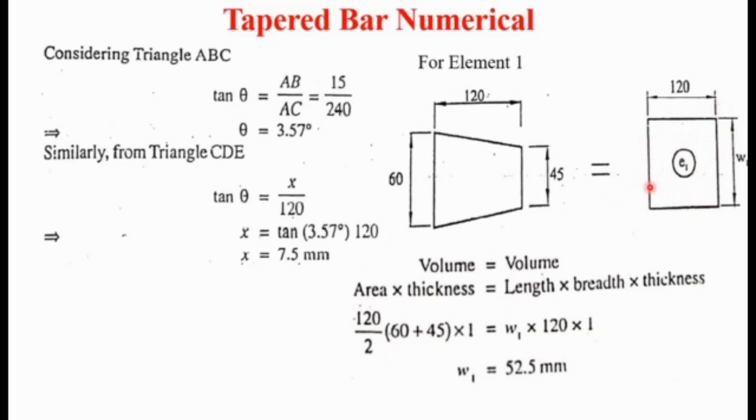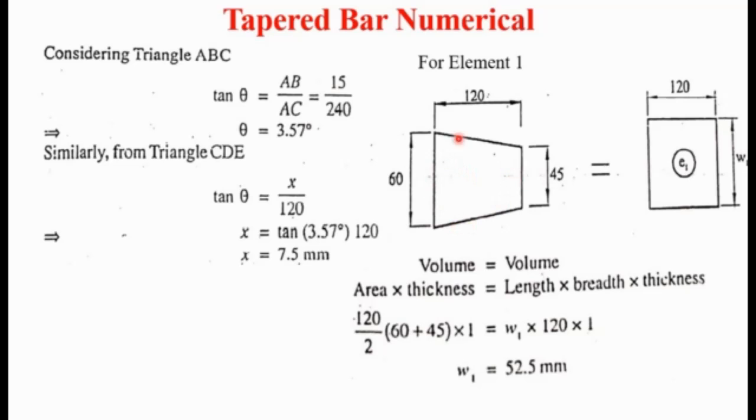The volume of the tapered element is the same as the volume of the rectangular element. The volume of the tapered bar is area into thickness, and the volume of the rectangular element is length into breadth into thickness.